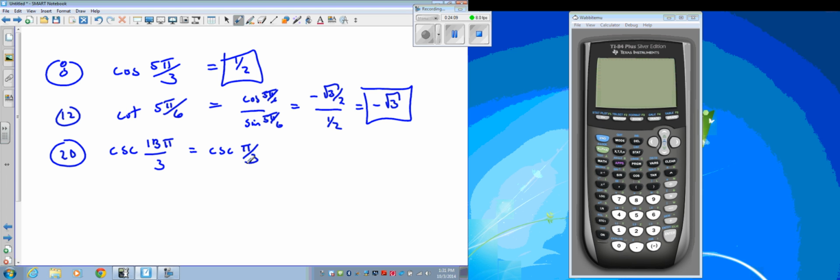So if I keep subtracting 6 from this numerator until I get something between 0 and 6, I can subtract the 6 out twice. So that means I have pi over 3 left. Everyone understand what I did?